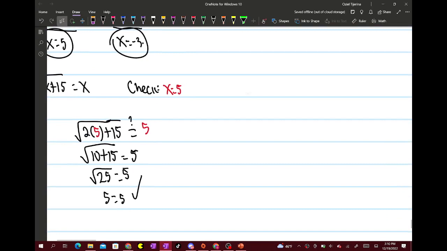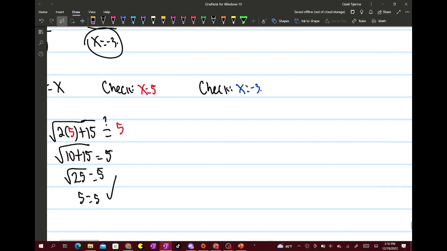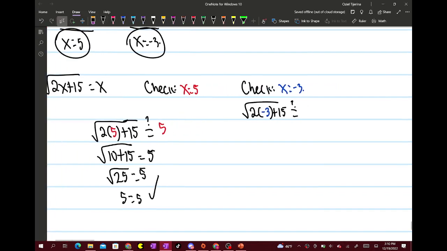And now we have to check x equals negative 3, so we would say the square root of 2 times negative 3 plus 15, and we would say, is this equal to negative 3, right?